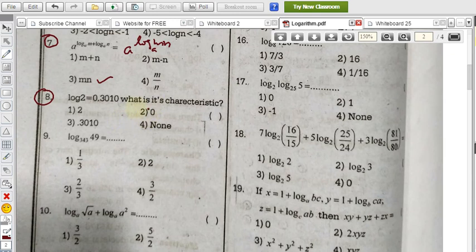So the characteristic is before the point, and 3010 after the point is the mantissa. They're asking only for the characteristic, so 0. Characteristic means integral part, and mantissa is the decimal part. So 0 is the characteristic, and 0.3010 is the mantissa.